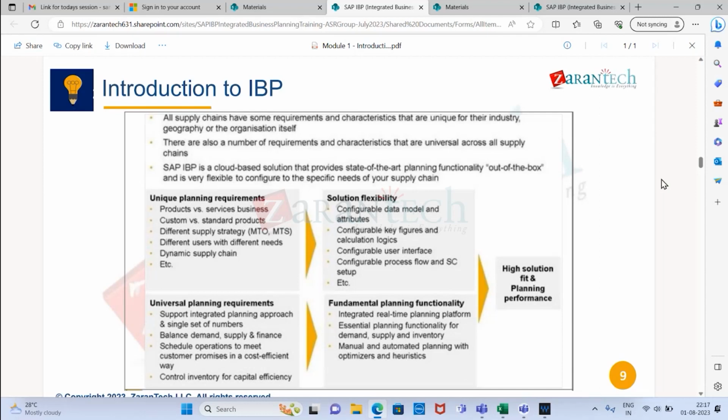So, for example, if a product A has an MTS strategy, which is made to stock, then a different forecasting algorithm will be used for that, because MTS is a standard product bought by several customers. So all the customers' demands are collated together, and the system may use the exponential smoothing forecasting technique.